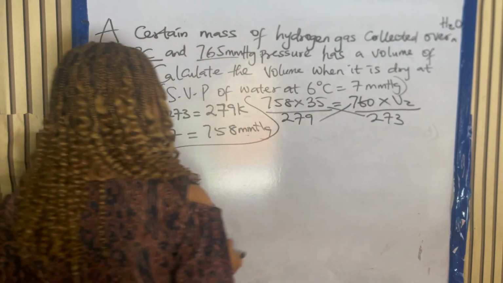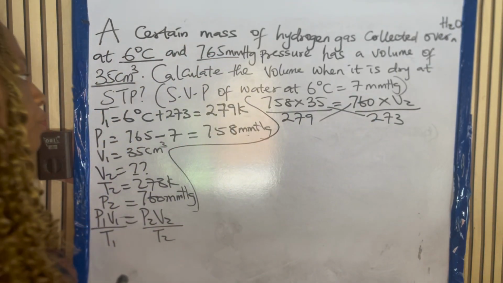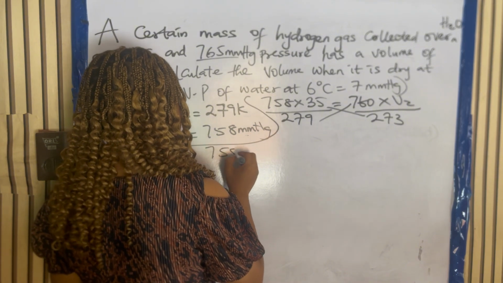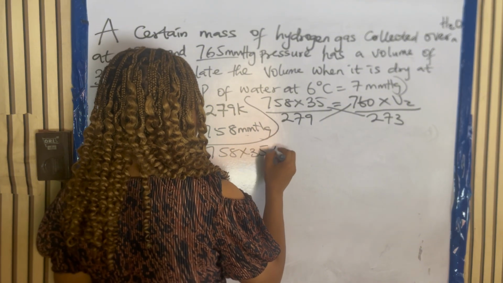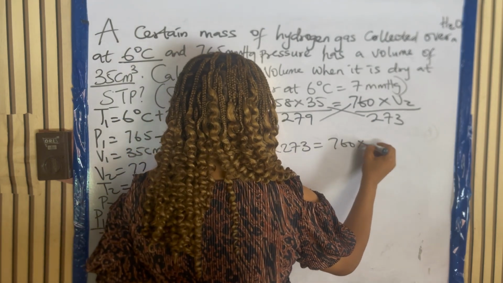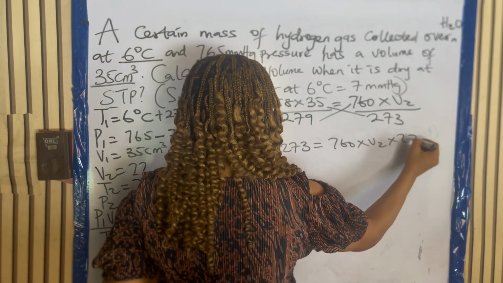So we're going to cross multiply. That will be 758 times 35 times 273 is equal to 760 times V2 times 279.